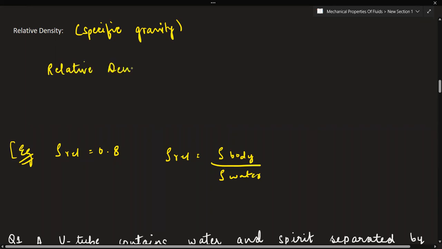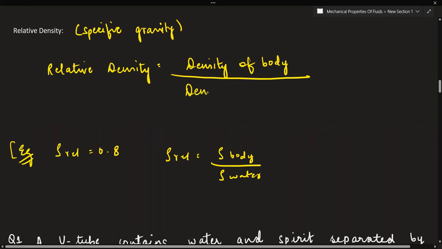Relative density is the density of the body divided by the density of water taken at 4 degrees Celsius.